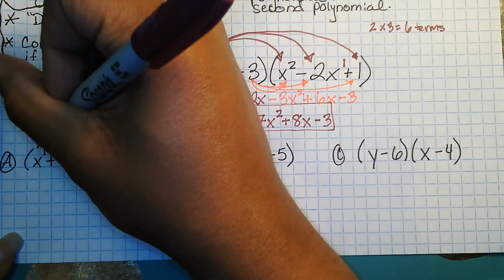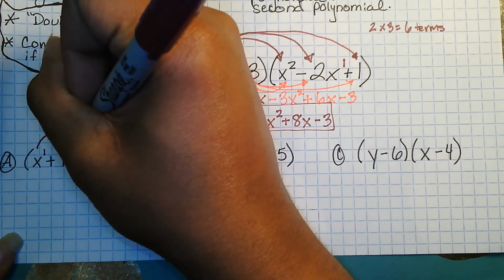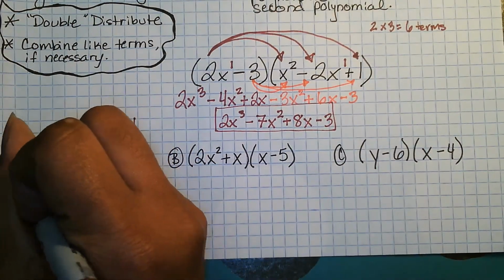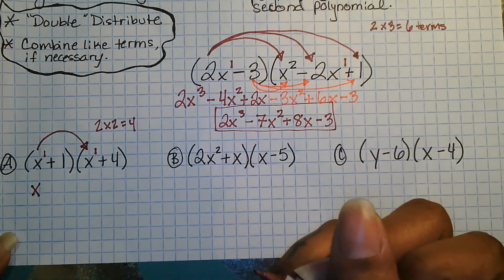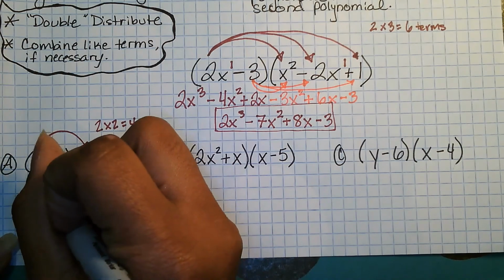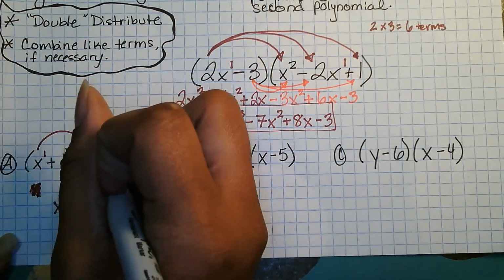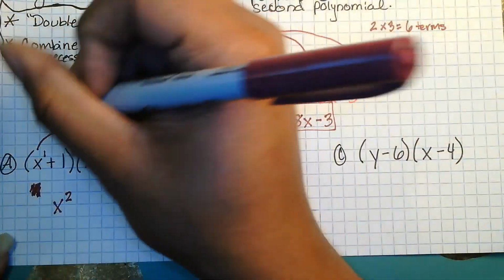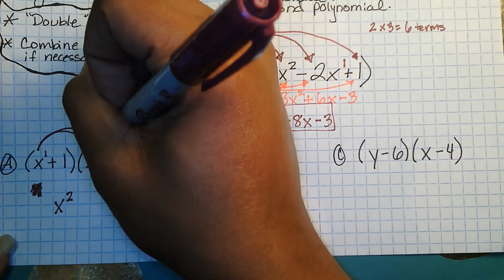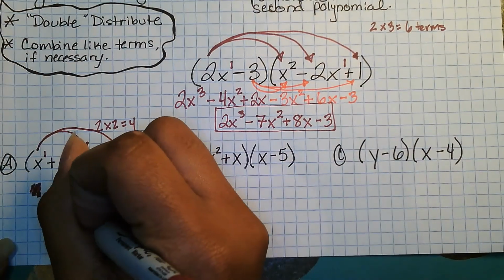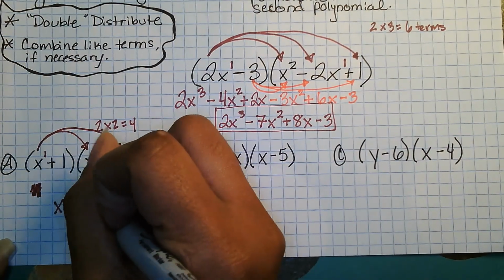So we're going to do x times x. X times x, you're going to keep the x and add the exponents. So x squared, 1 plus 1 is 2. And then you do x times 4. X times 4 is positive 4x.